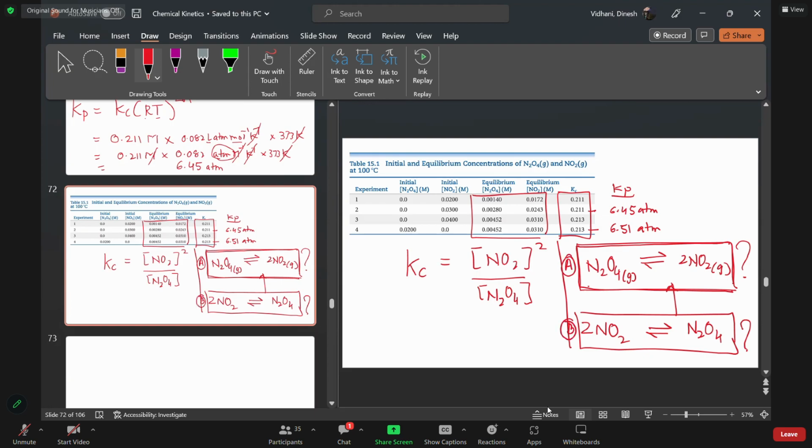So what I will do is I will give you 2 minutes to think about it. You are going to write down the private chat message to me on Zoom. And if your answer is correct, you will get extra 2 credits added directly to your next exam. Think about it. Does the data support A or does it support B? I will give you 2 minutes.